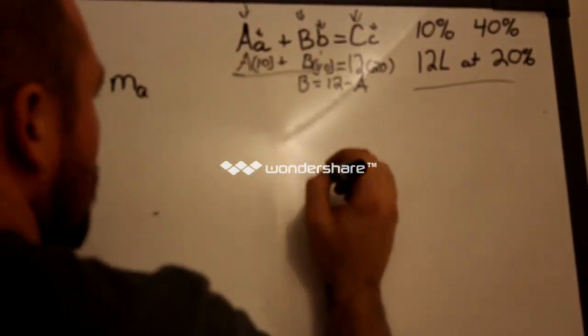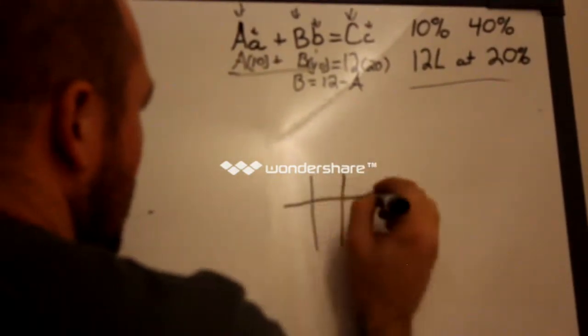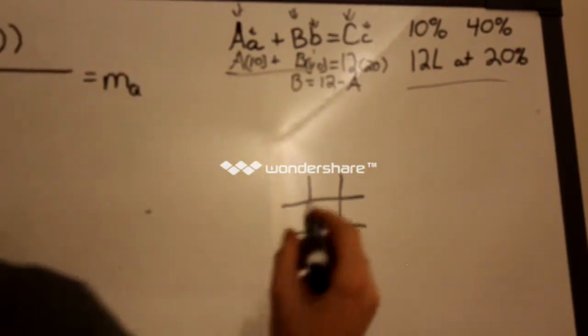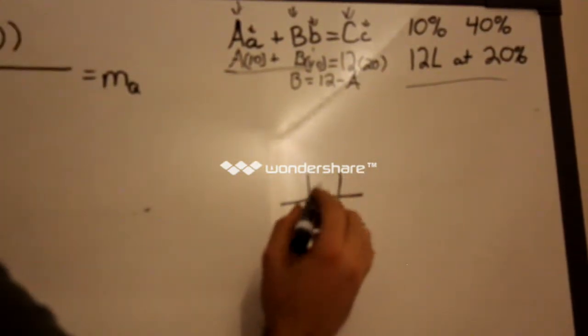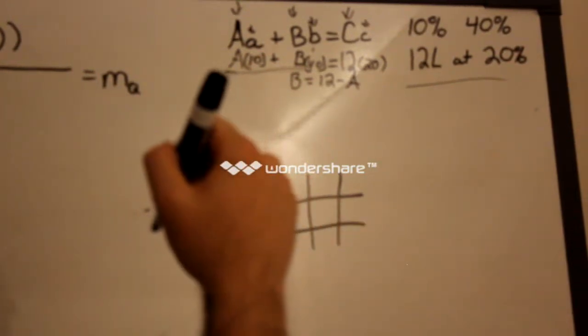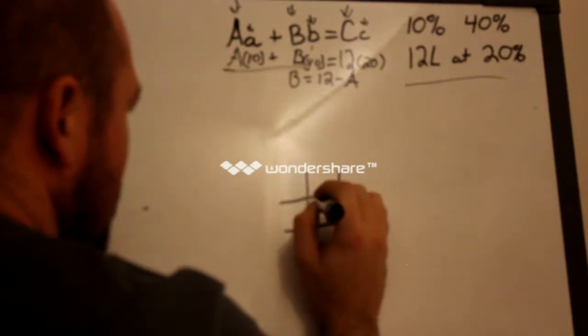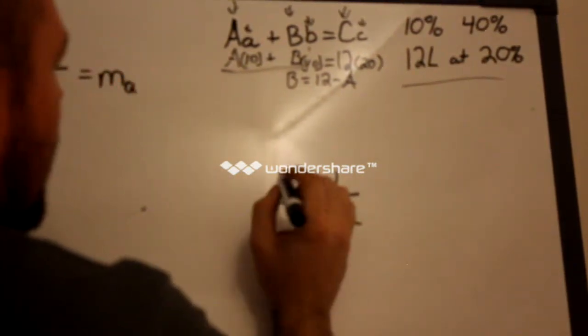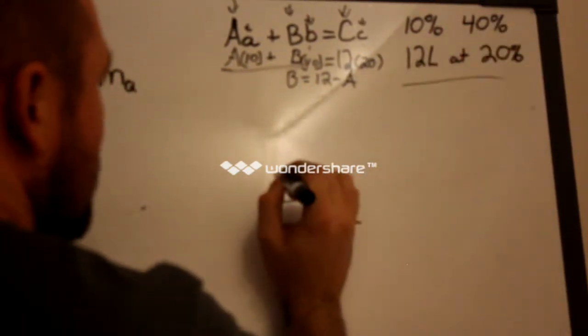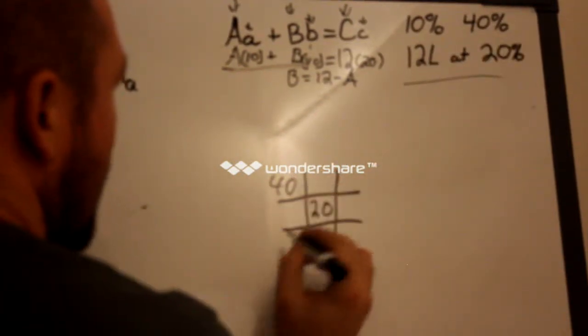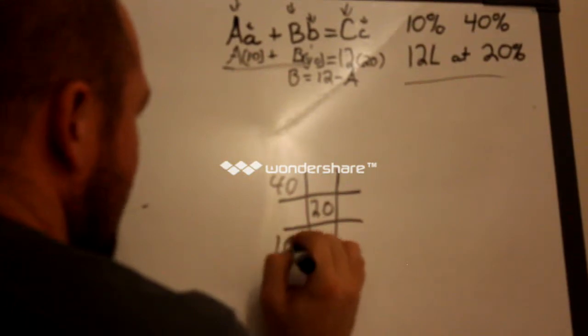Now, with the tic-tac-toe version, draw a tic-tac-toe board, everybody knows that. Right here in the center, we're going to plug in the solution that we're looking for, a 20% solution, and then up here we're going to put in the maximum, which is 40, and down here is the minimum, which is 10.